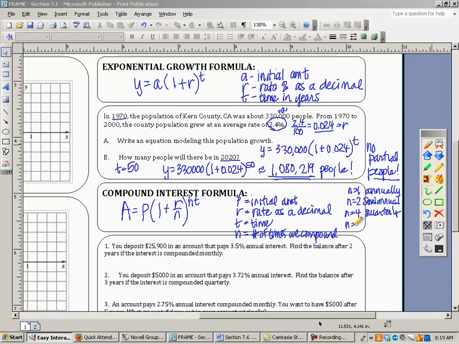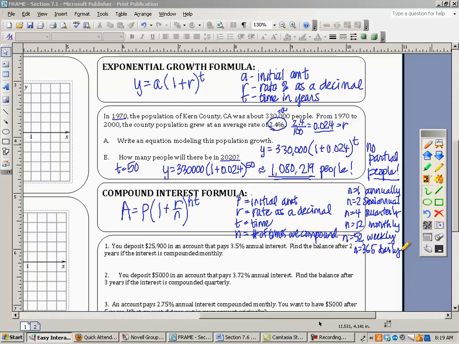If N is 12, they'll say monthly. I'm trying to think what else they'll give you. If N is 52, they'll say weekly, because there's 52 weeks in a year. If N is 365, it's daily. And so those are the kind of things that you want to look for.